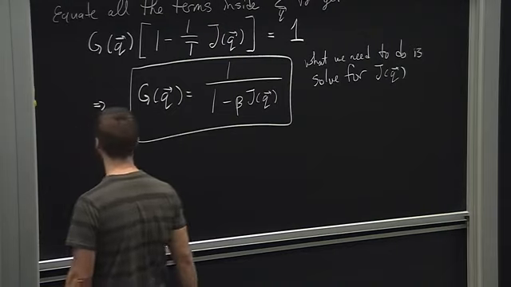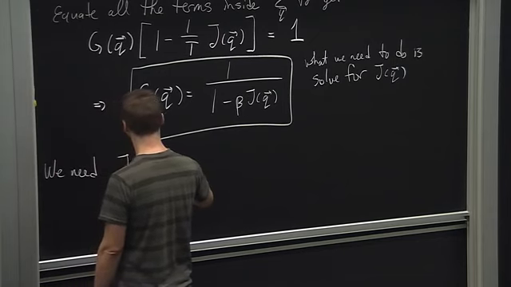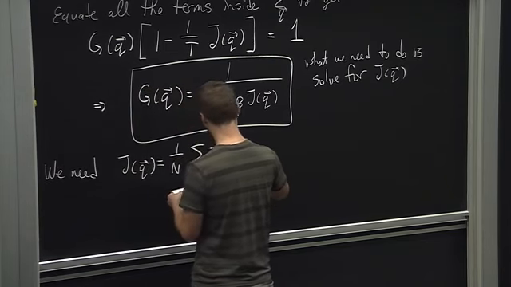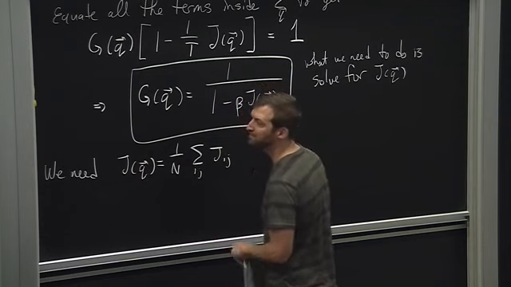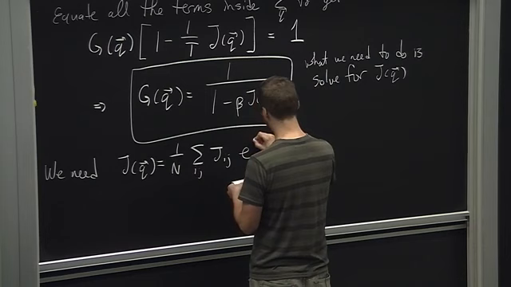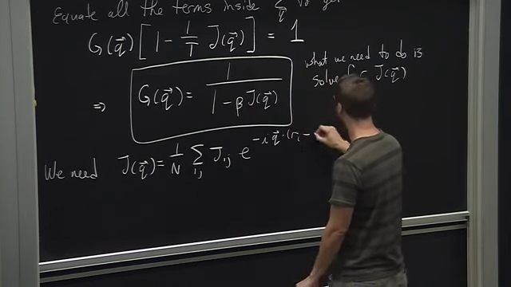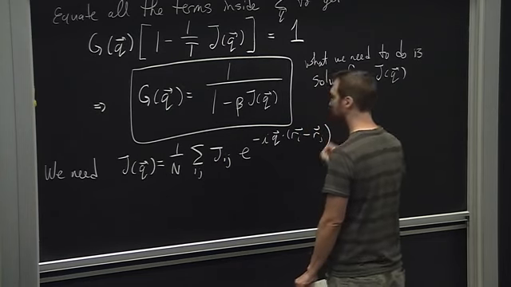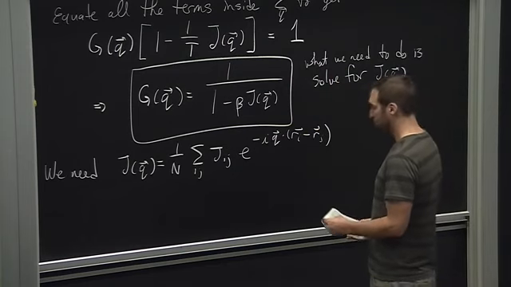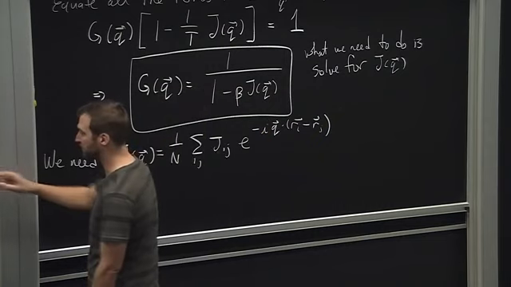Well, we can define it by the inverse: J of Q is the sum of Jij e to the minus i q dot (ri minus rj). And like I said, we're interested in the correlation function at large distances.